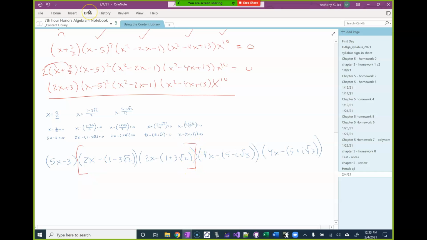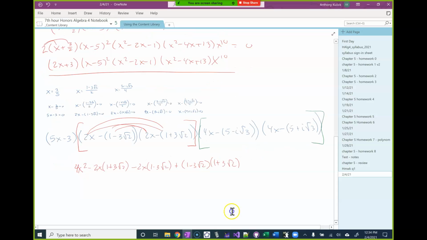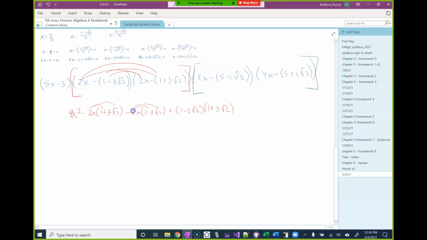So these two pieces cancel out. 3 squared is 9. And root 2 squared is 2, and 9 times 2 is 18. So there's that piece. Make sure the parentheses are in the right place, 3 times root 2 squared. And then we'll do the same FOIL over here.